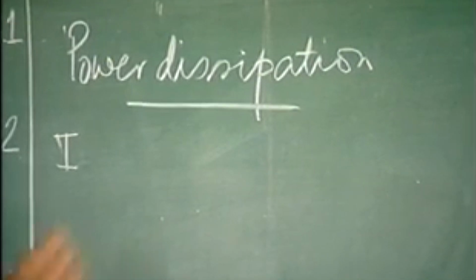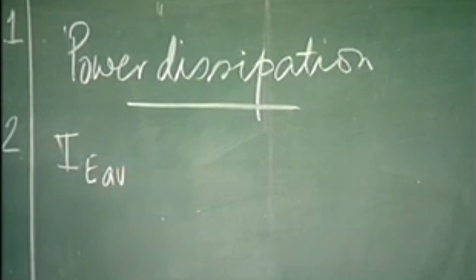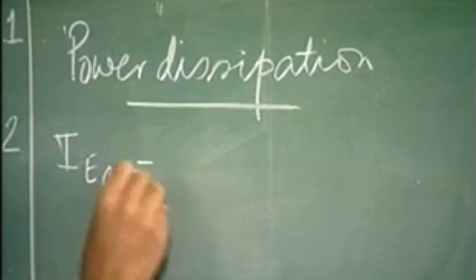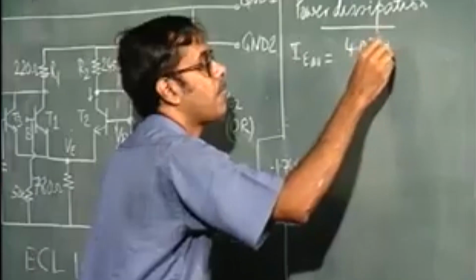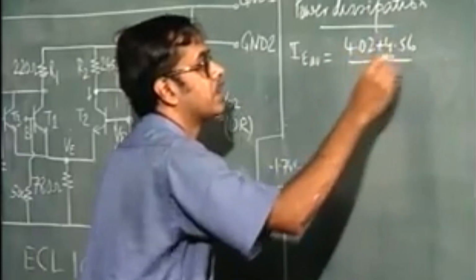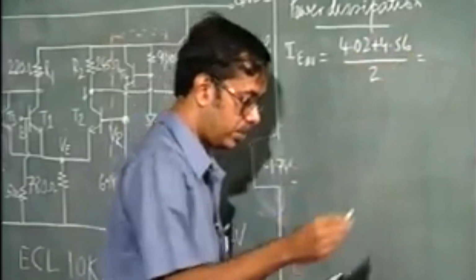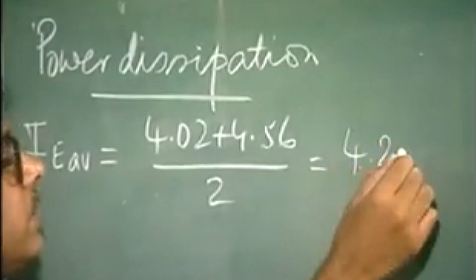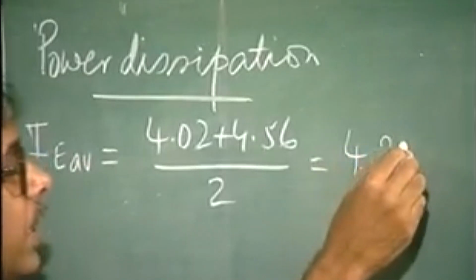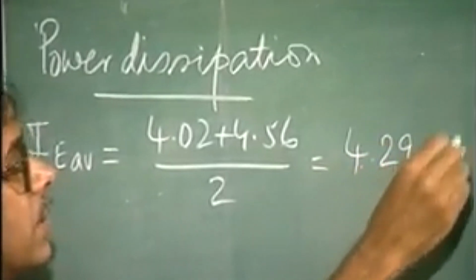So, we can take the average of the two currents, and that is equal to 4.29 I think.